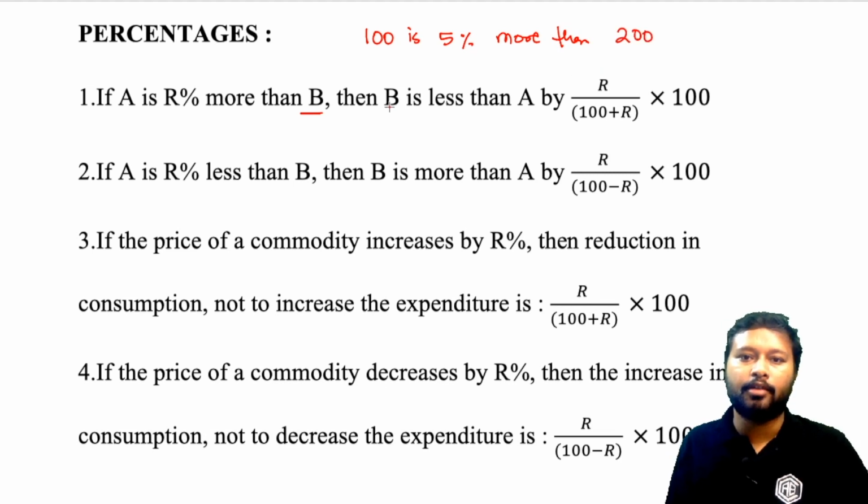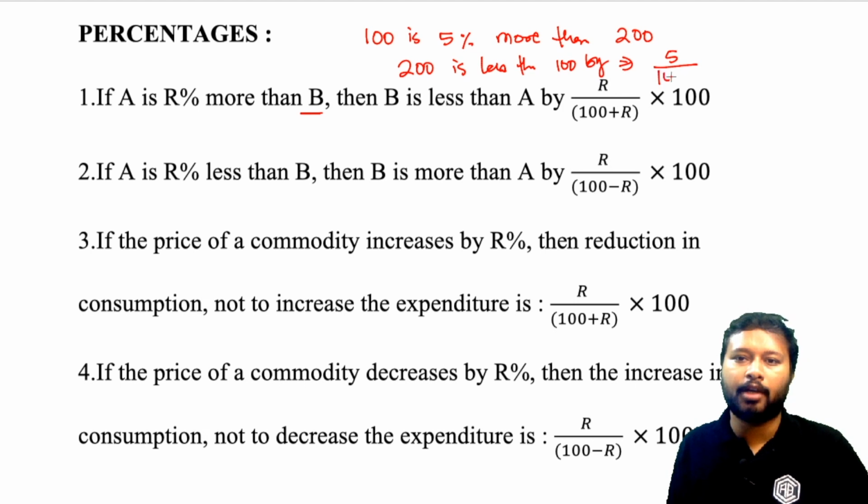Then 200 is less than 100 by how much value? So you have to just put here 5 upon 100 plus 5, into 100. Just solve it and you will get your answer.